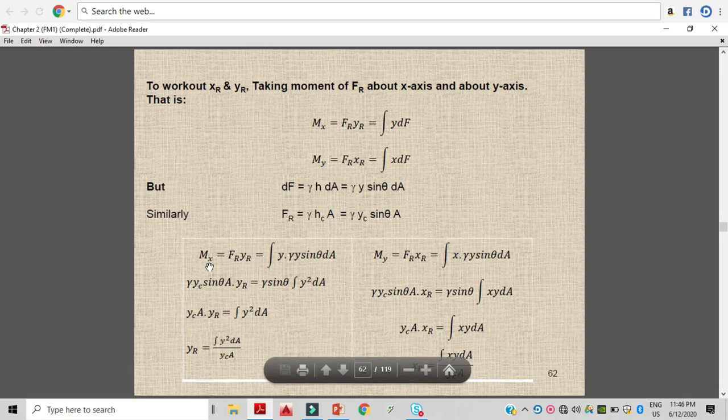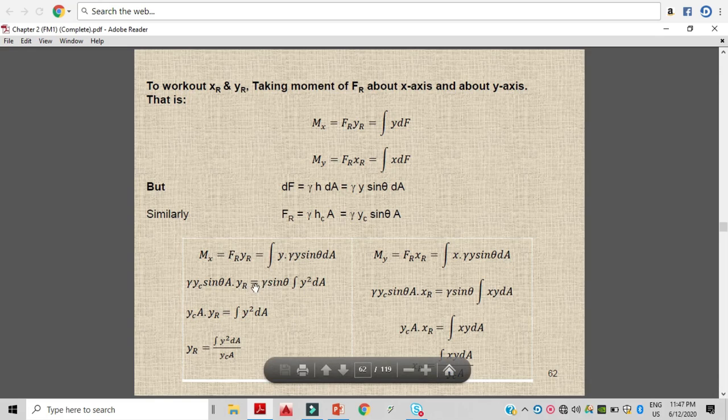So in the case of Mx, y will remain y, and we replace FR with gamma y sine theta dA, and the same x will remain x here, and dF will be replaced with gamma y sine theta dA.